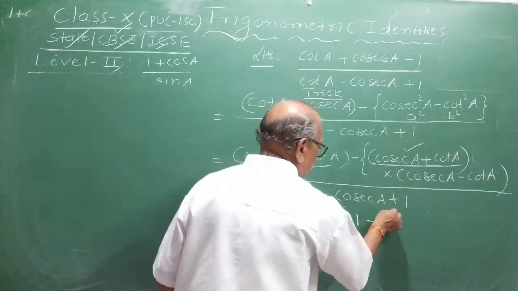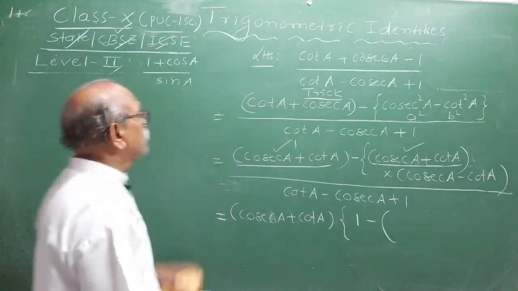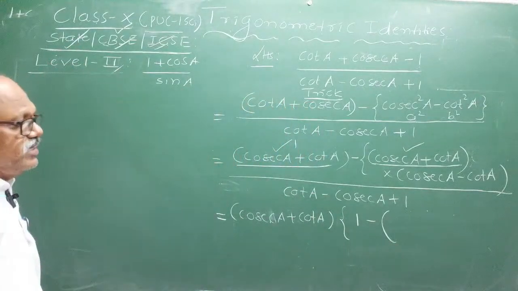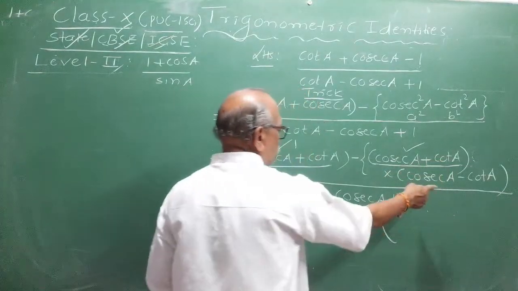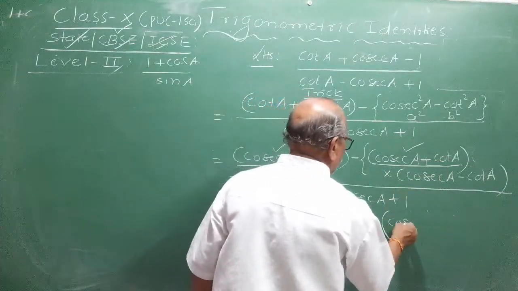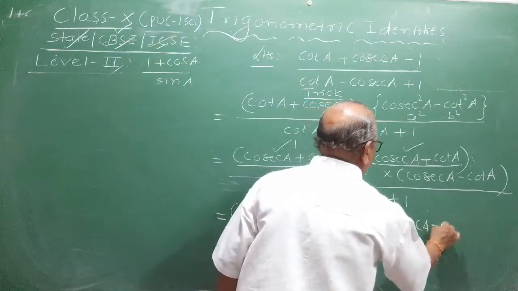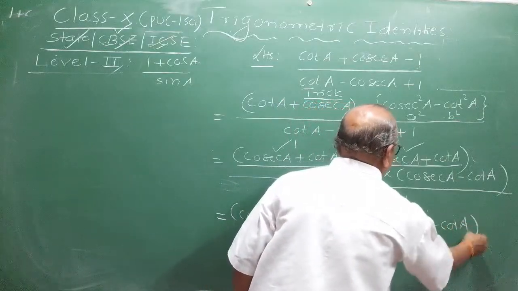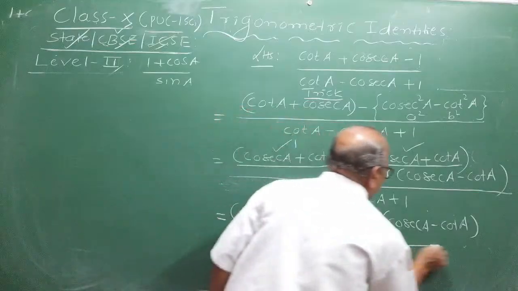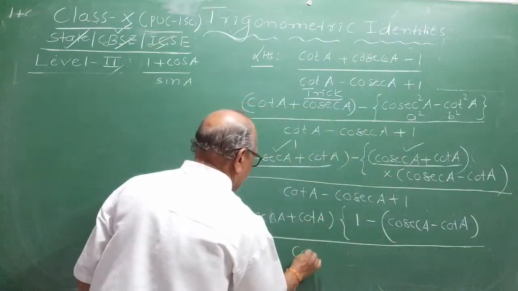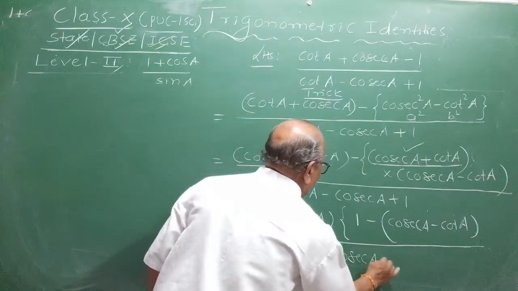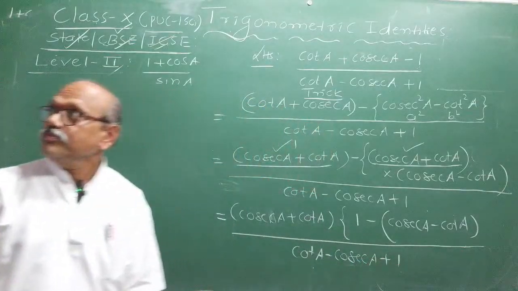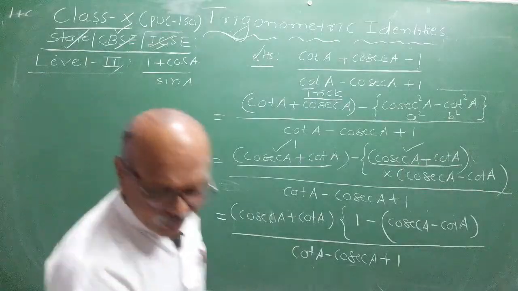Minus, use the bracket properly. Many state students are very weak, even CBSE, in handling this. Cosec a plus cot a comes outside. What are you left with here? You are left with cosec a minus cot a, whole divided by cot a minus cosec a plus 1.